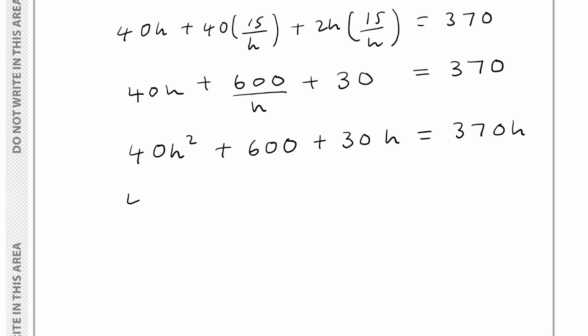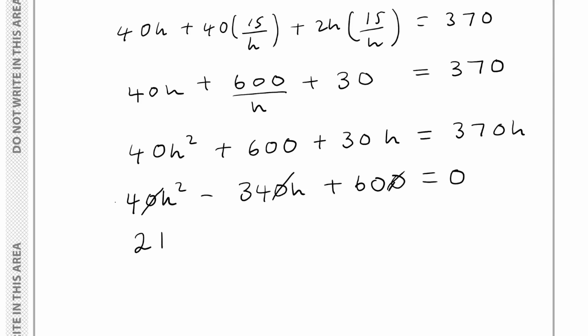I want to make it equal to 0 so I can solve it. So take away 370H from both sides. It's going to be minus 340H plus 600 equals 0. Simplify it as much as we can. And I'm going to halve them all. So 2H squared minus 17H plus 30 equals 0.